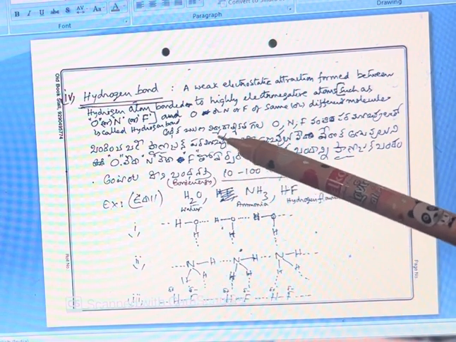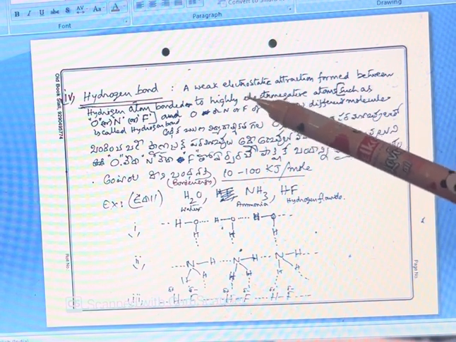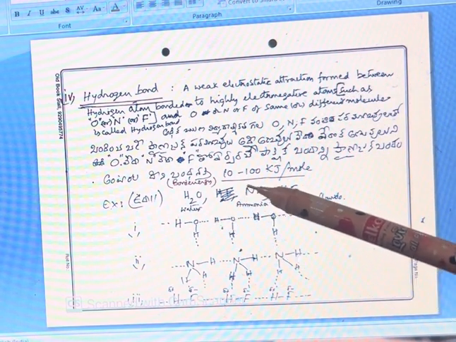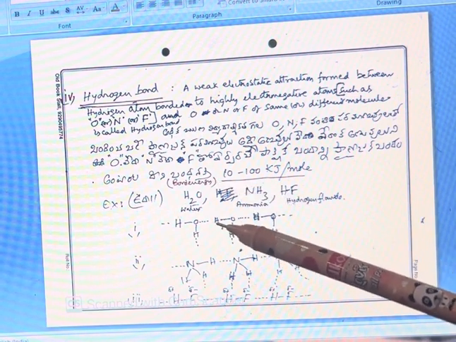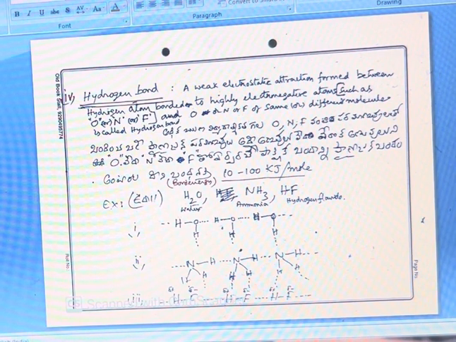Such a weak electrostatic attraction is called hydrogen bond. The bond energy is 10 to 100 kilojoules per mole. So, it is the strongest intermolecular attraction when compared to all the other intermolecular attractions.